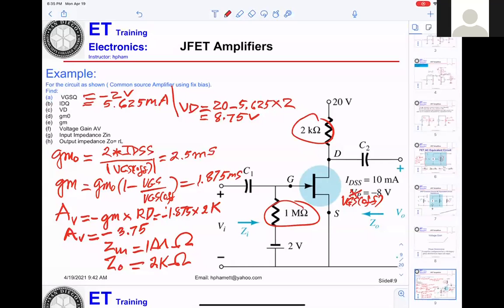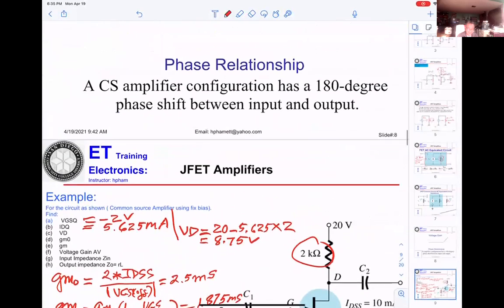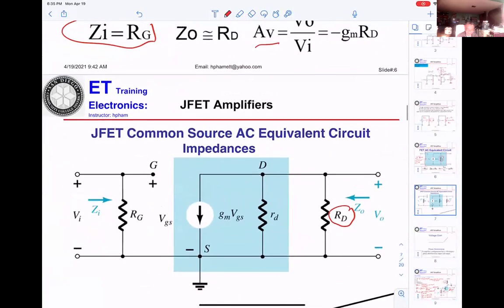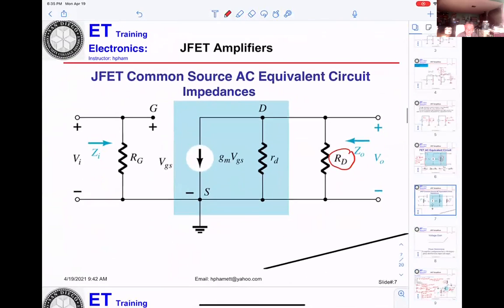I can follow the equations and replace the numbers, but what does the minus GM represent in this circuit? Minus means the difference, the opposite.